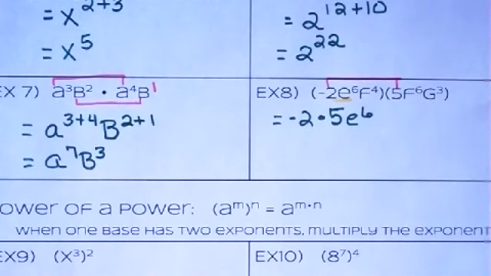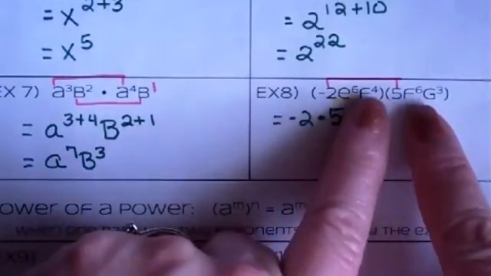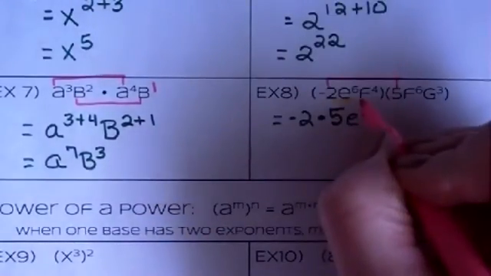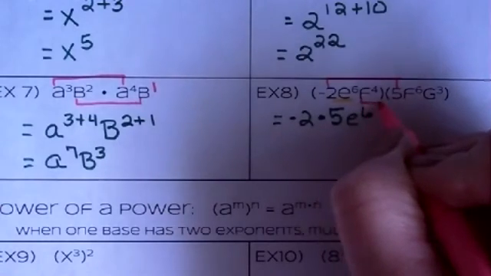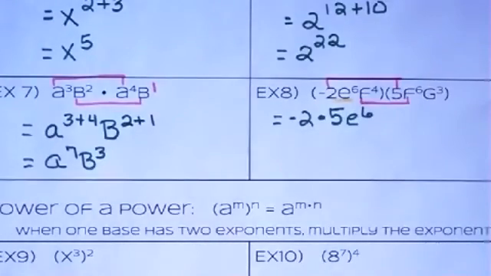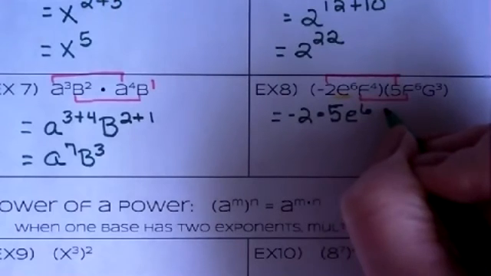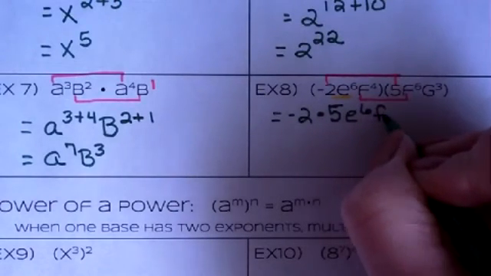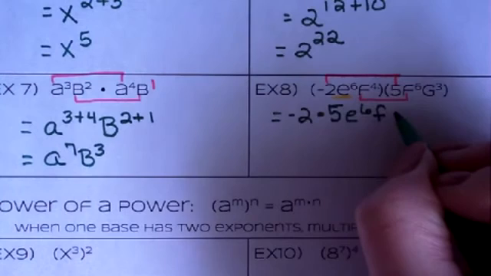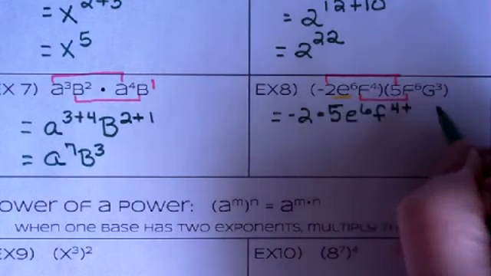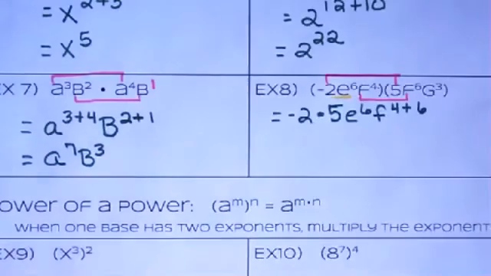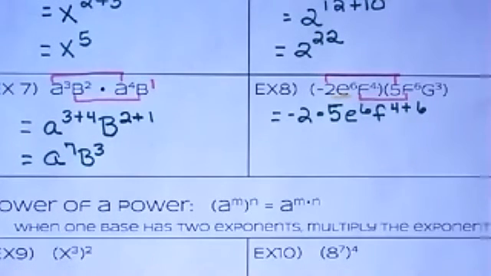Now, when I get to my F, I do notice that there is an F on the first term and an F on the second term. So that means I've got to put those two together, okay? So what I'm going to write right here is my F, and that's going to be 4 plus 6. Now, again, guys, I know some of you's writing is not always nice and neat and sometimes questionable.